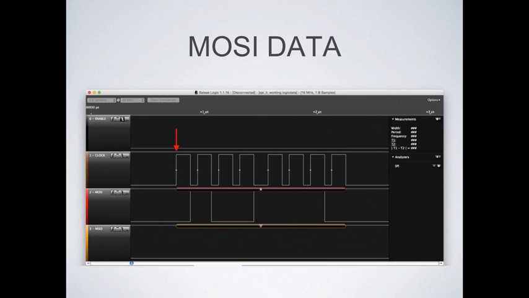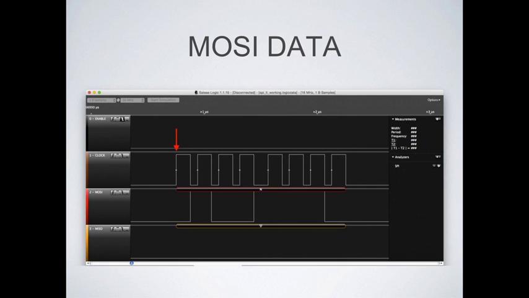If we look closer, how do we see this? Remember that we are in mode 0; we told the logic analyzer to capture data in mode 0. Mode 0 means the clock is low when inactive, and we sample at the leading edge.